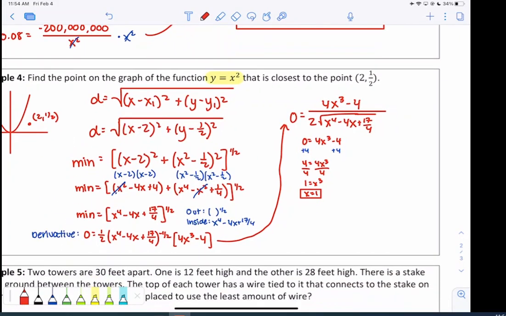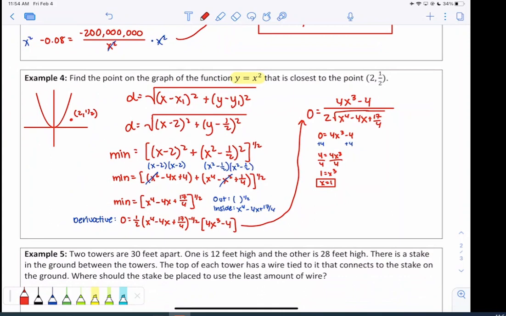That's what we found. And then my last step I need to do is just find my y. I have my x, but I want to find my y. Going to use this. Find y. Y equals x squared. If x is 1, then y is also 1. So this point is going to be what is closest to 2 and 1/2.